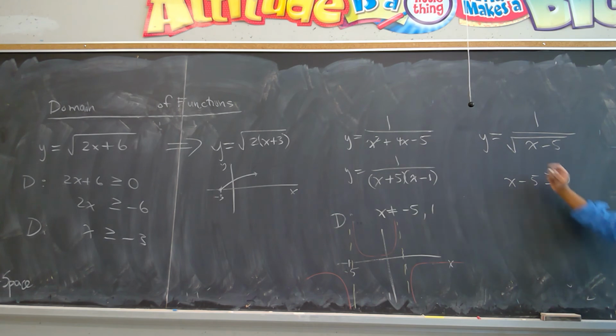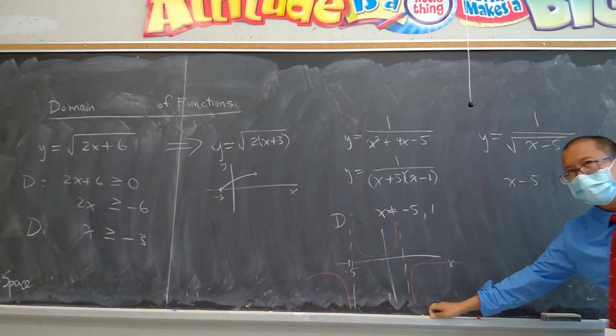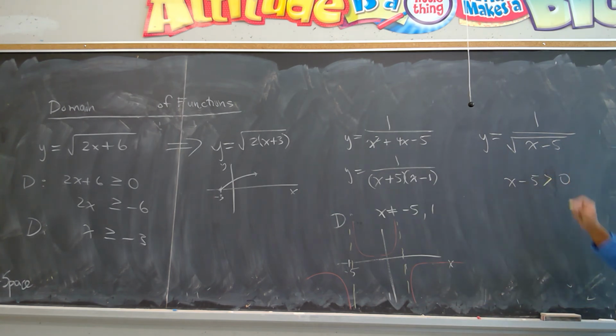So the answer for this question, and I'll emphasize this in yellow chalk, and that's what I'm trying to show you, we just make it greater than 0. Because now with this inequality that we solve, the domain is going to be x is greater than 5. And it does not include that value of 5.